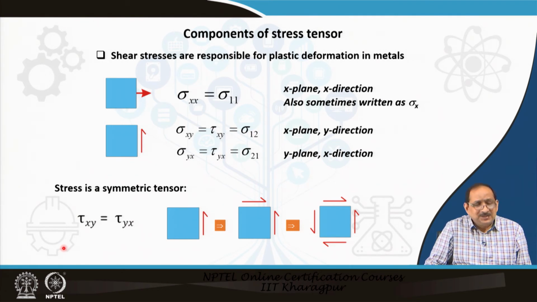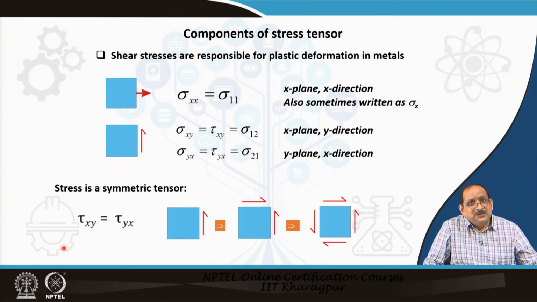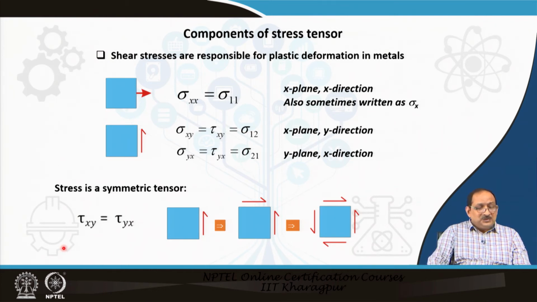Now, the stress is considered a symmetric tensor. Basically, according to the principle of conservation of angular momentum, the stress is a symmetric tensor wherein the shear stresses are complementary. So, tau xy is equal to tau yx.